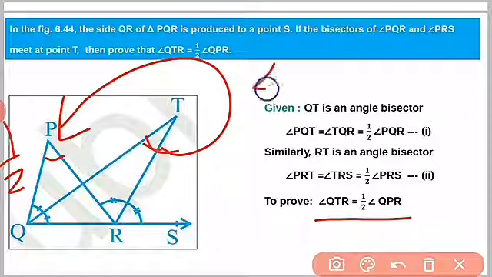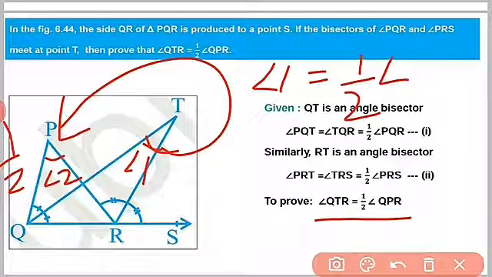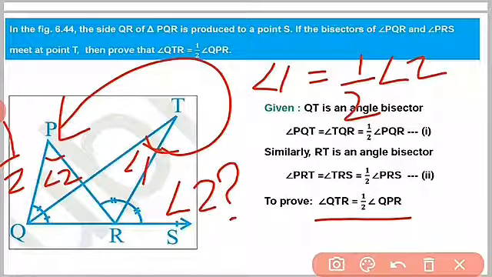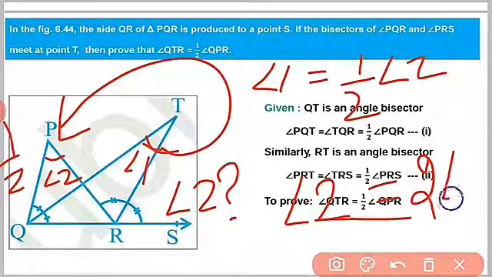Let's take this angle as 1 and this angle as 2. If angle 1 is equal to half of angle 2, then what will be angle 2? Yes, it will be equal to twice of angle 1.